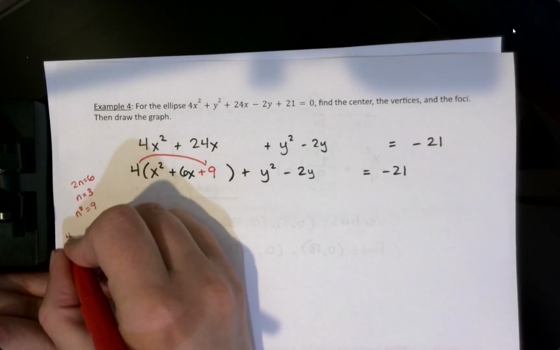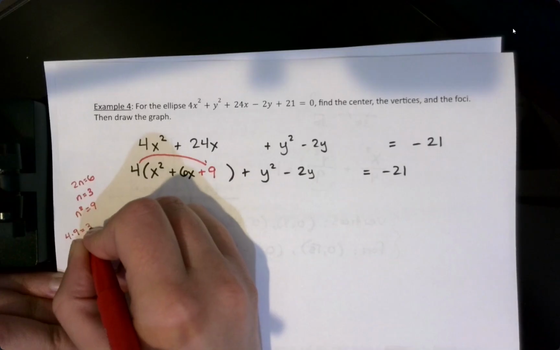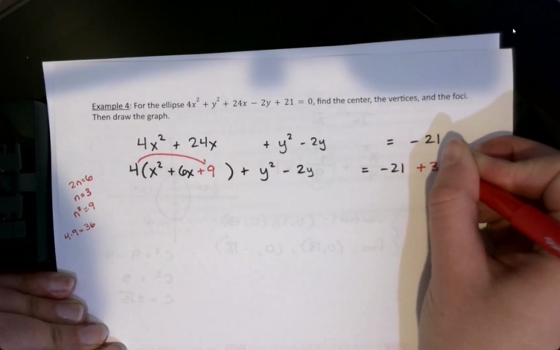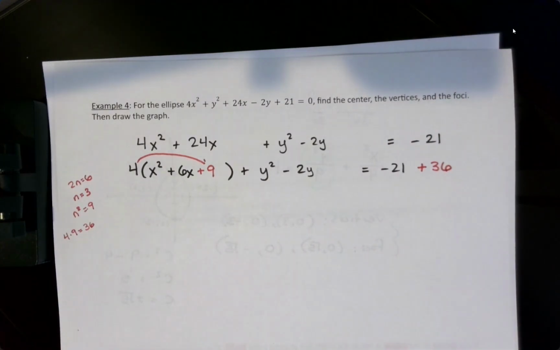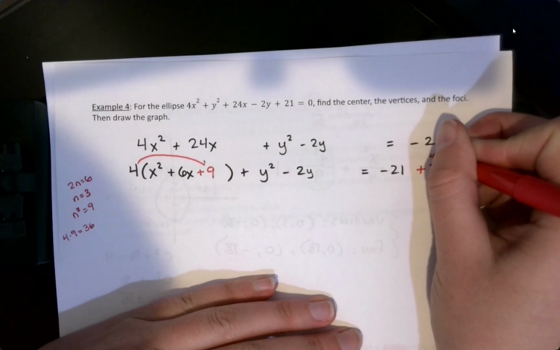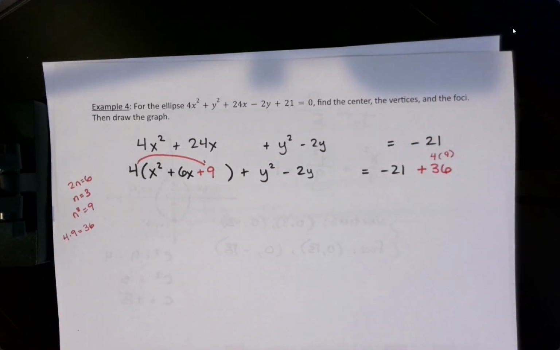So I just want to make myself a note here that 4 times 9 is 36. So I'm going to balance that action out by adding a 36 to the other side, or adding a 4 times 9 to the other side, right? 4 times 9 needs to be added to this side. Okay.